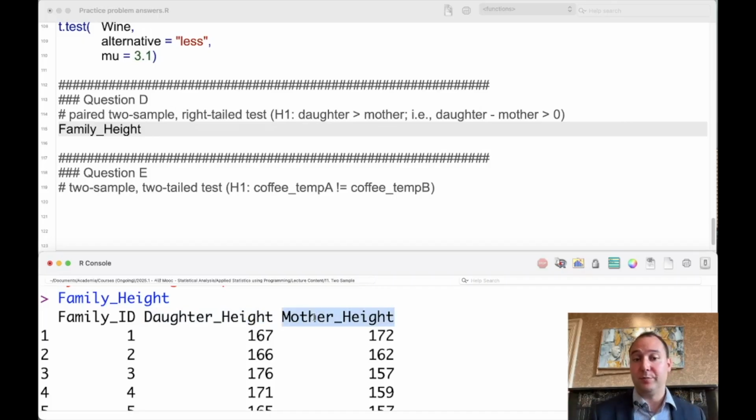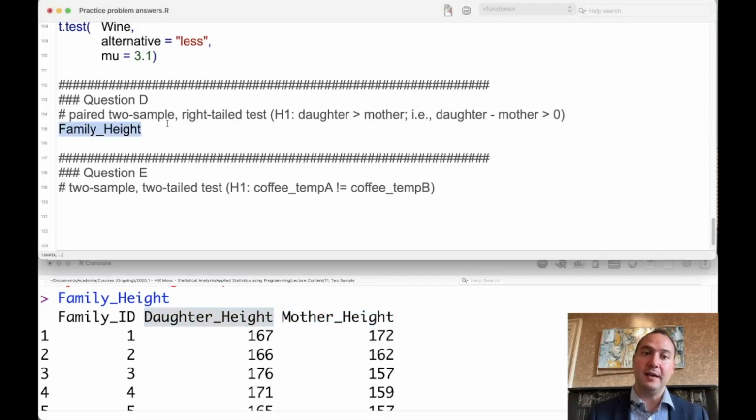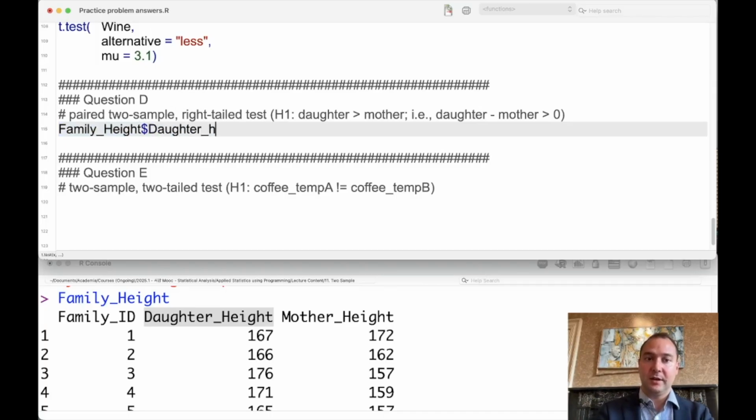I have two samples, so I need to indicate my first sample, daughter height, and my second sample, mother height. How do I access the daughter height from my data set? This is a data frame. To get that one column, I can write $, meaning give me just one vector. Daughter height is the name of that column.